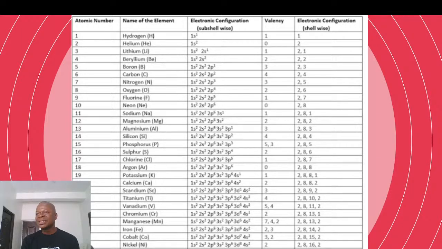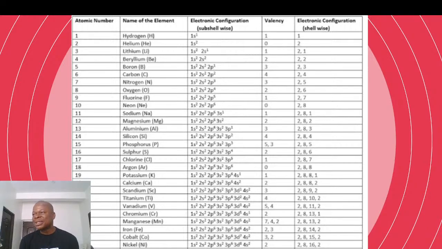Then, oxygen has atomic number 8, and the symbol is O. You can see the symbol there. If you take a look at the electronic configuration of oxygen under subshell, you're going to have 1s2, 2s2, and 2p4.